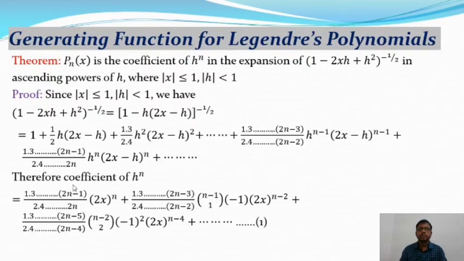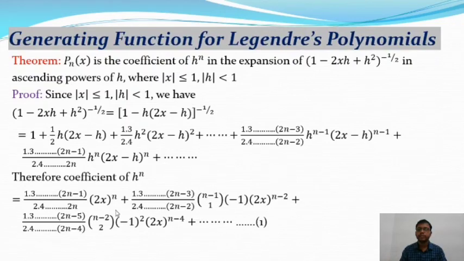So therefore the coefficient of h to the power n from the above series will be 1 into 3 and up to 2n minus 1 by 2 into 4 and up to 2n into 2x whole to the power n, plus 1 into 3 and up to 2n minus 3 by 2 into 4 and up to 2n minus 2 into n minus 1 c1 into minus 1 into 2x whole to the power n minus 2.